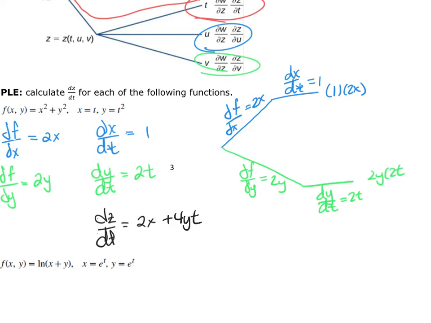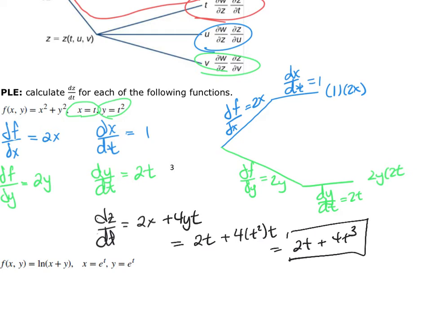And then to get everything in the same variable, since we know that x is t and y is t squared, this would be equal to 2t plus 4 multiplied by t squared multiplied by t, which gives me 2t plus 4t cubed. And that is my final answer.